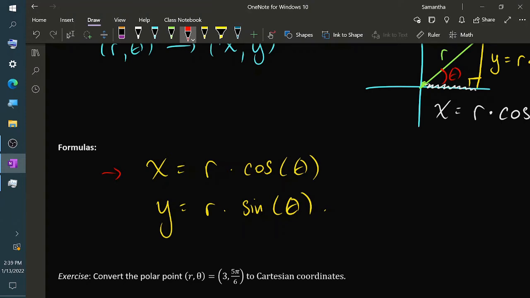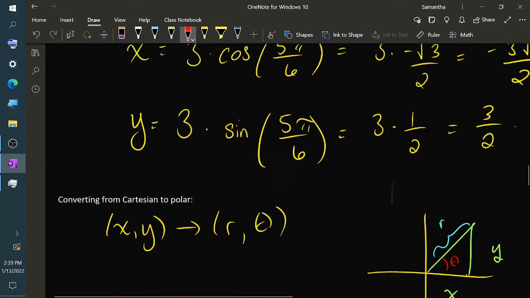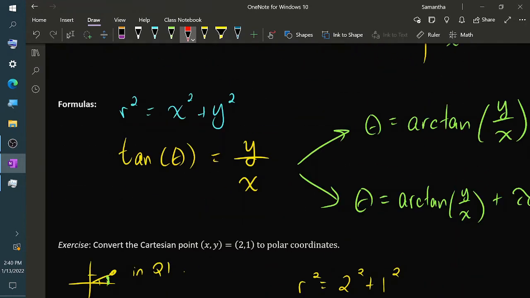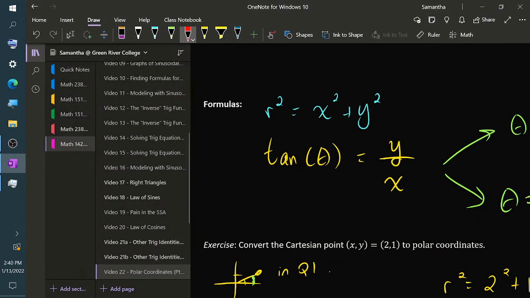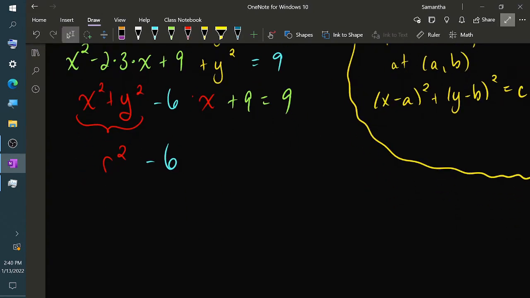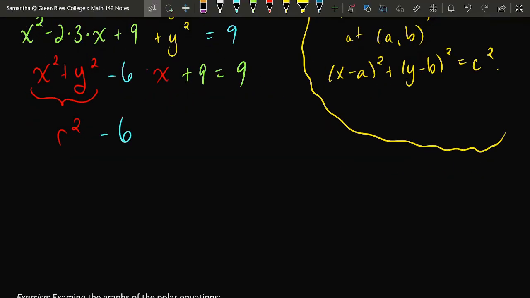This is a great formula if you're converting just an x or just a y, as opposed to converting the entire quantity x squared plus y squared. The entire quantity x squared plus y squared was equal to r squared. However, x by itself can be converted only to r times cosine theta.